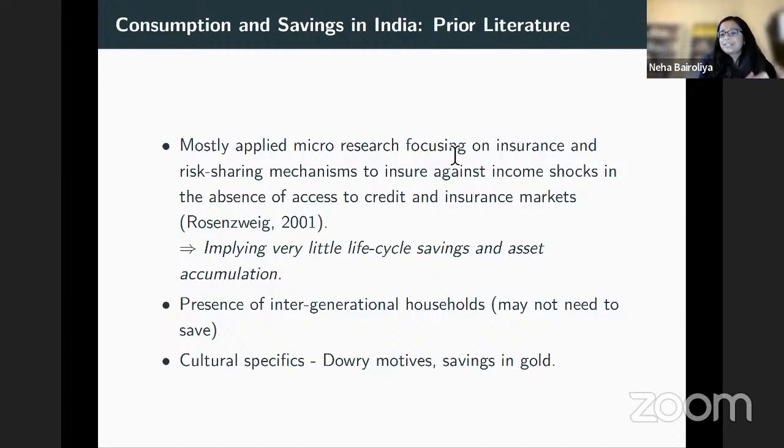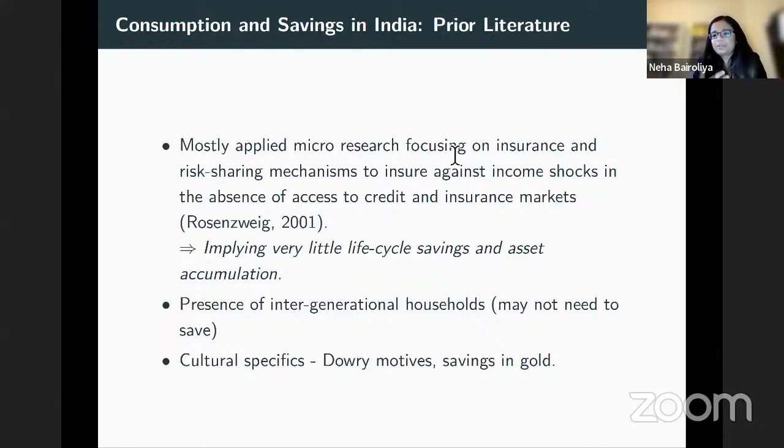So if you look at existing research on consumption and savings behavior in India, most of the research has a more applied micro focus, looking at risk sharing mechanisms, insurance mechanisms. And in terms of their macroeconomic predictions, they are very limited.